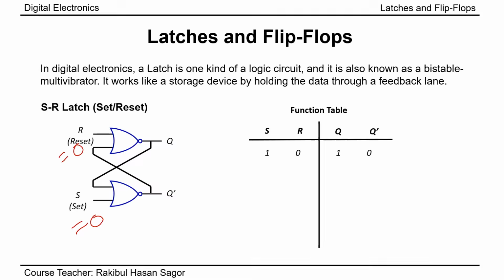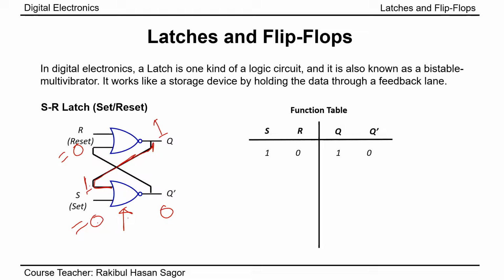From the previous case, we know our previous value of q was 1 and previous value of q prime was 0. So this 1 will appear from here as the input of this NOR gate. So 1 will be appearing here, and we have given 0 here.